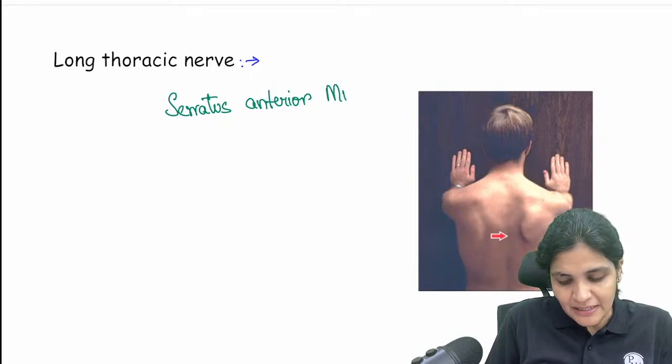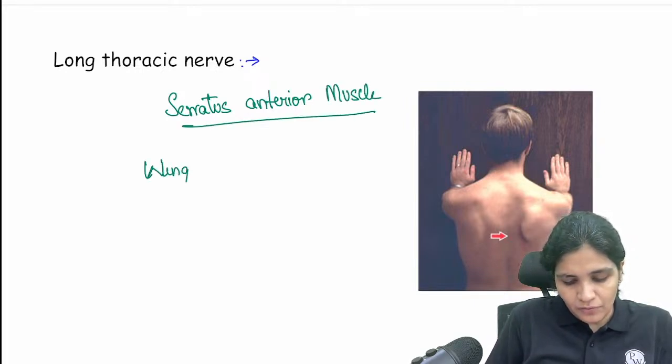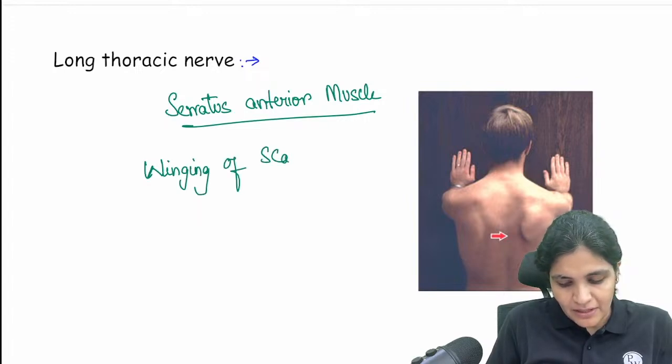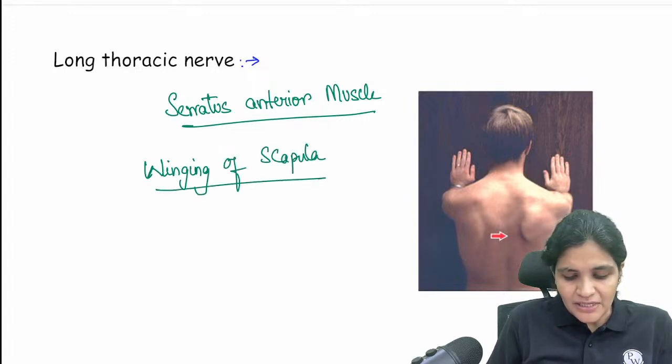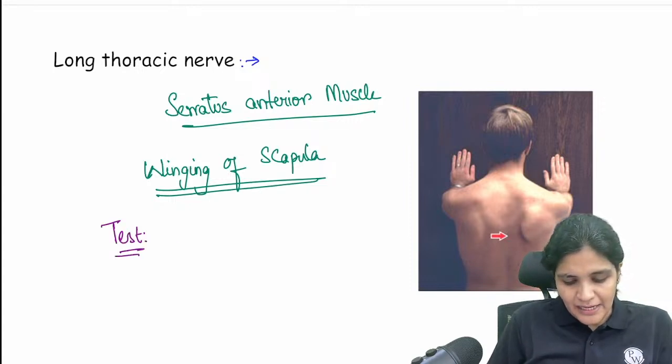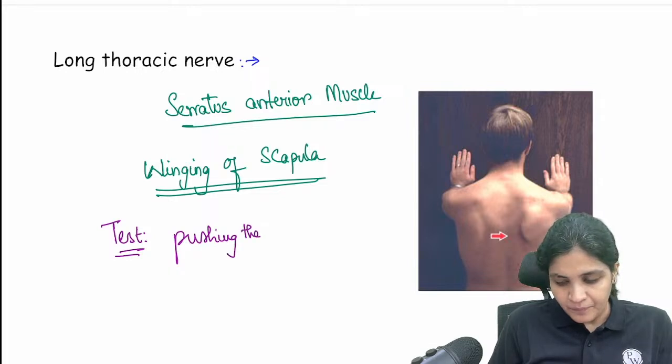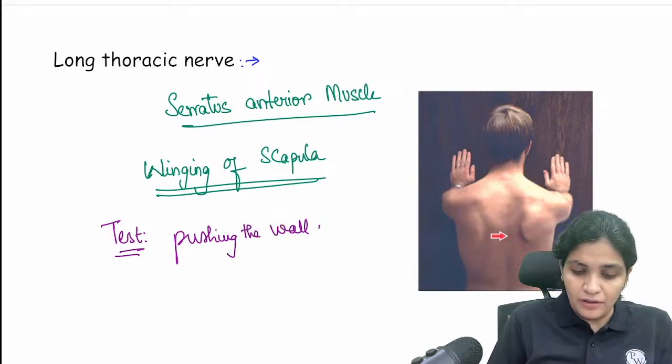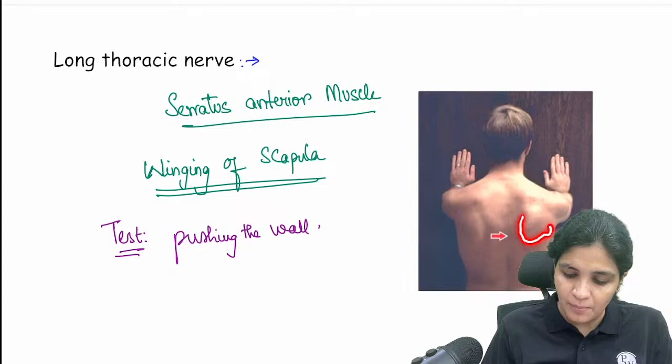Serratus anterior muscle, and this is called the winging of scapula. Very good. This is winging of scapula. So how do you do this? The test is pushing the wall, right? And now you can see the medial border here. The medial border becomes prominent, right?